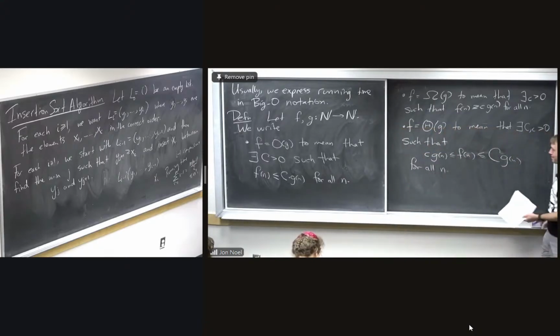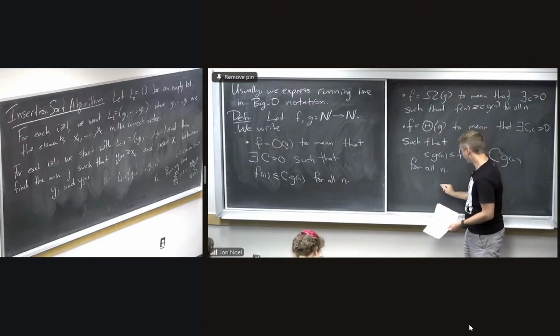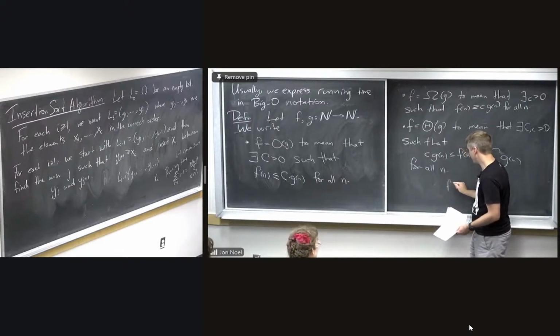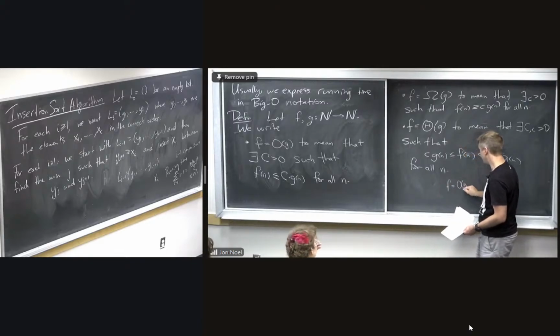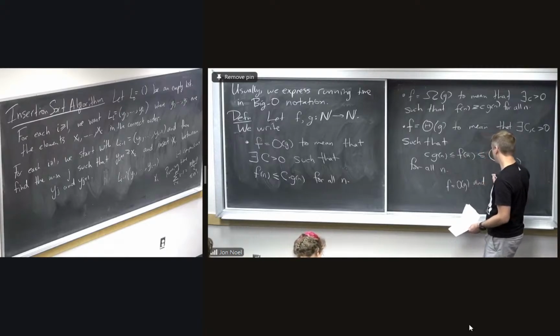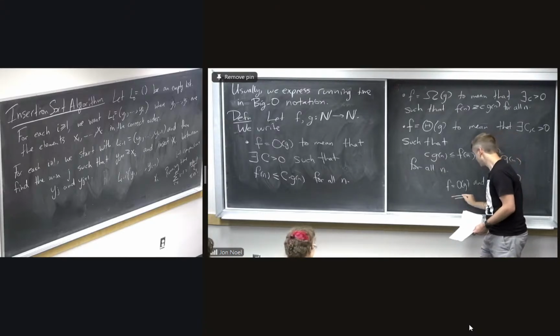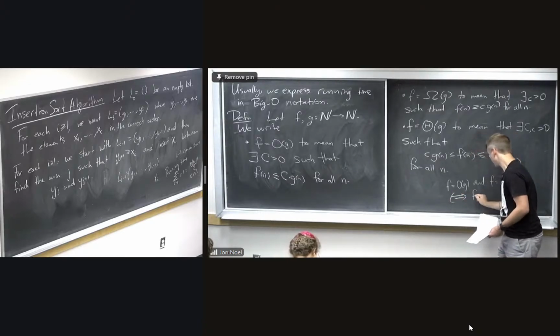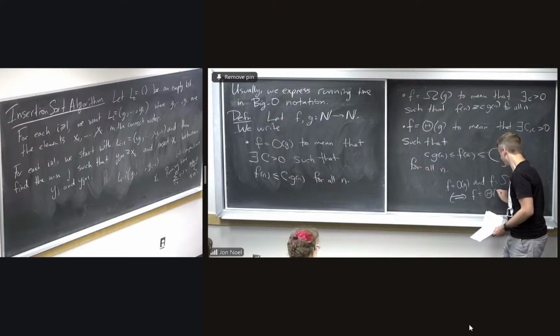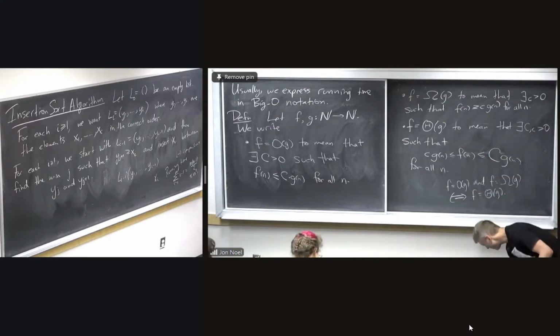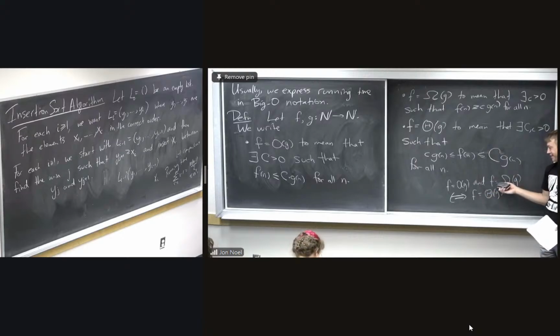Basically this means the same thing as f is big O of g and f is big omega of g. I guess it's just slightly shorter than writing both; you just say it's theta of g.